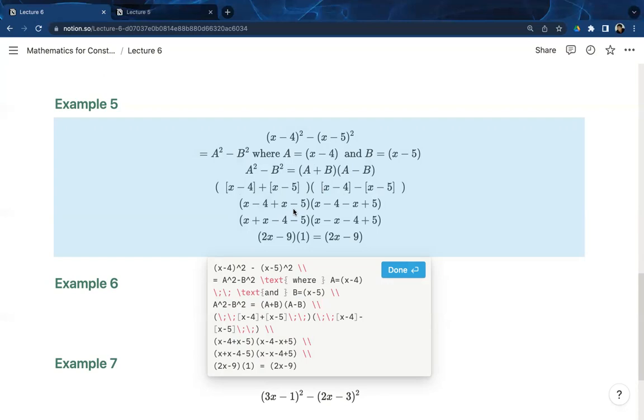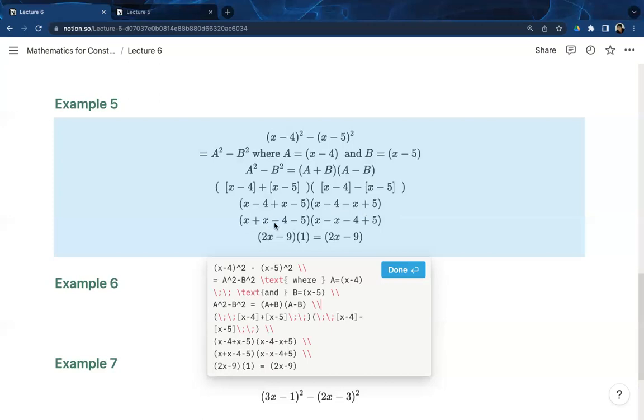So the next step is I remove the brackets. So I get x minus 4 plus x minus 5. That's in the first bracket. But this one here, when I remove the square brackets, this negative sign must be multiplied by the x and the 5. That's why I get negative x and plus 5. That's how BODMAS works. There's a 1 in front of this. We went over this last week. So when I remove the brackets, I get these 4 terms here.